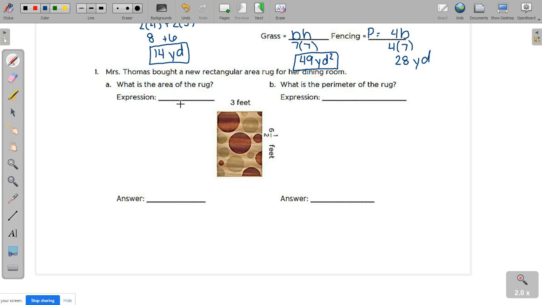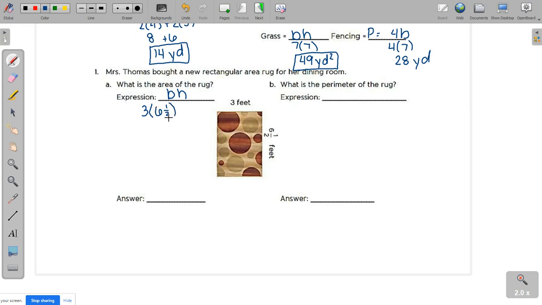Mrs. Thomas bought a new rectangular area rug for her dining room. We need to find the area of the rug. So area is the inside. So we have to do the formula of area equals base times height. So our base is 3 and our height is 6.5.